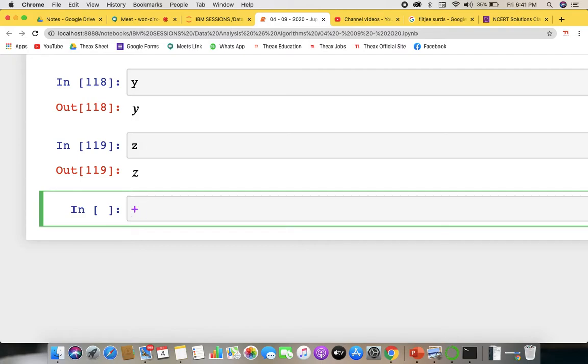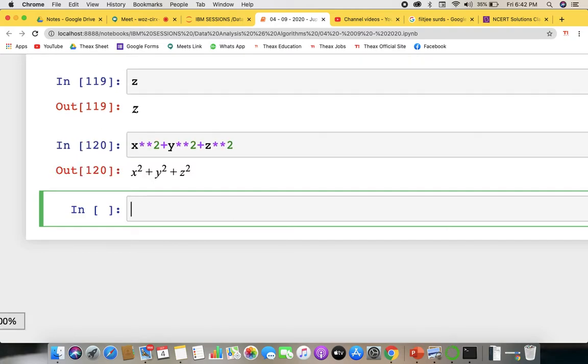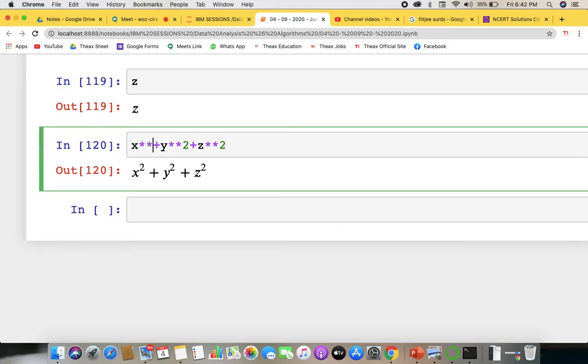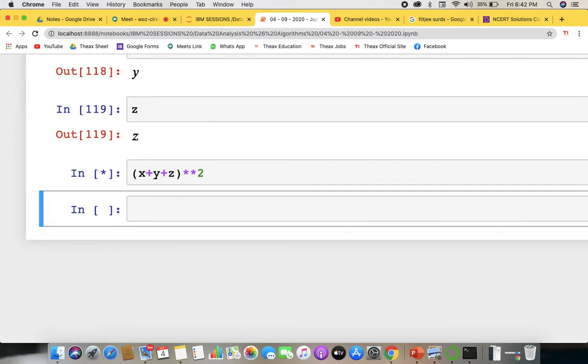This is the equation. Answer. Oh, sorry, one minute. x plus y plus z whole square, I said.